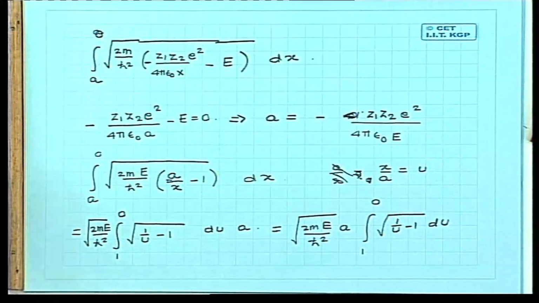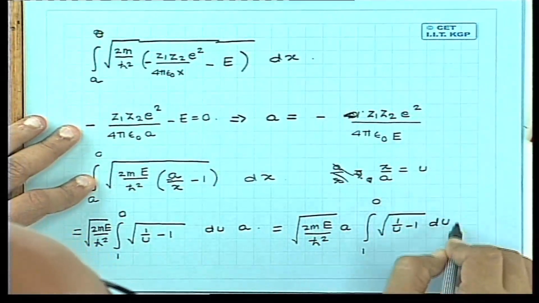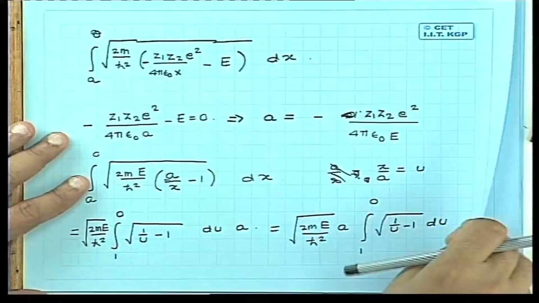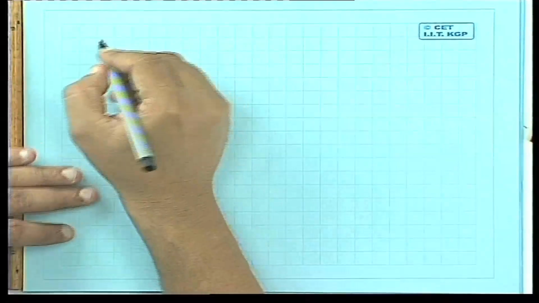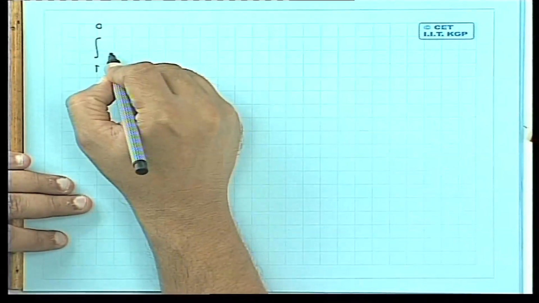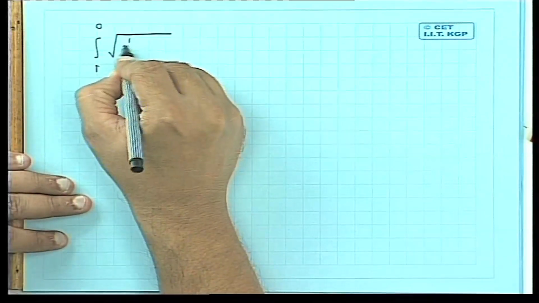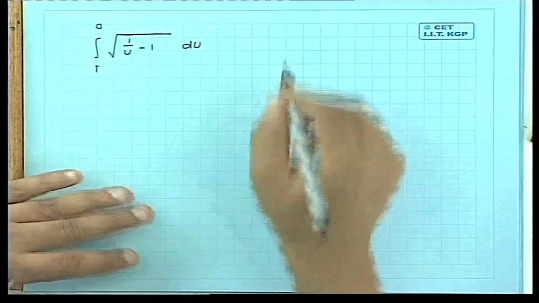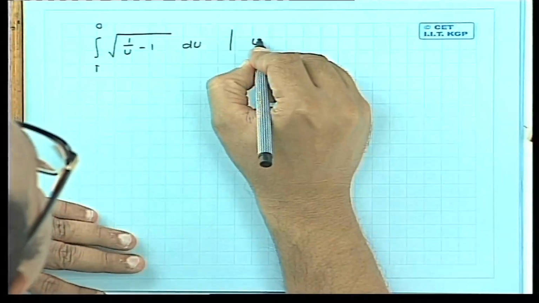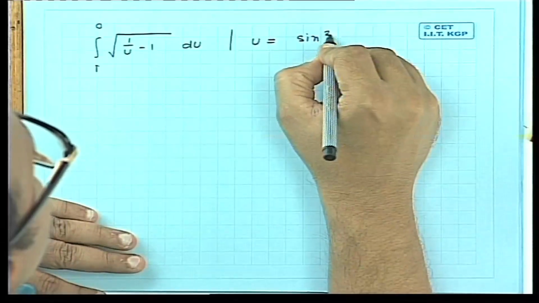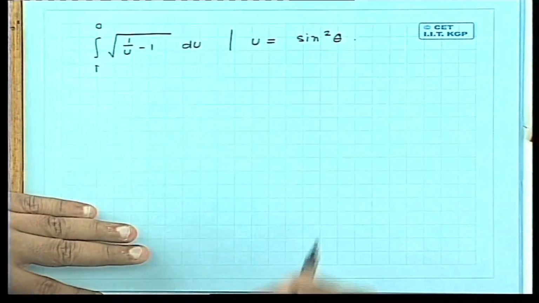Let me first evaluate this integral over here. We want to first evaluate the integral from 1 to 0 of square root of 1 by u minus 1 du. So this is very simple, you just define u to be sine square theta.